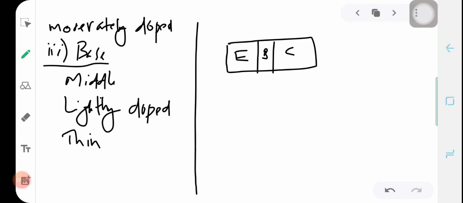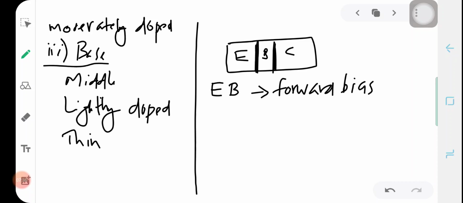We have two PN junctions, one is the emitter base PN junction and the other is the collector base PN junction. Remember that the emitter base junction should be forward biased, and the collector base junction, the second PN junction, should be reverse biased.